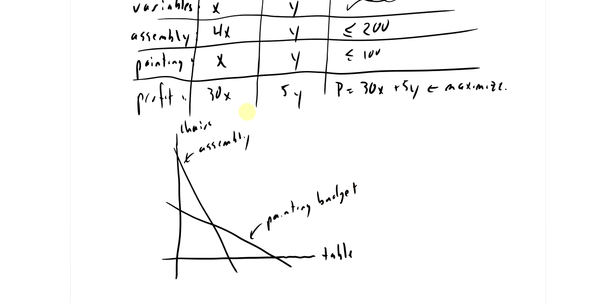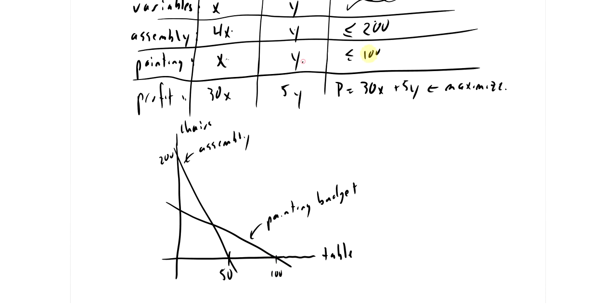The assembly budget, 200 divided by 4. Oh, no, 200 divided by 1. The Y-intercept will be 200. 200 divided by 4, that'll give you the X-intercept. And 200 divided by 4 is 50. The X-intercept for painting is 100.